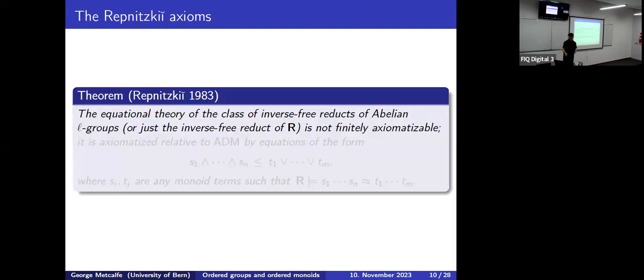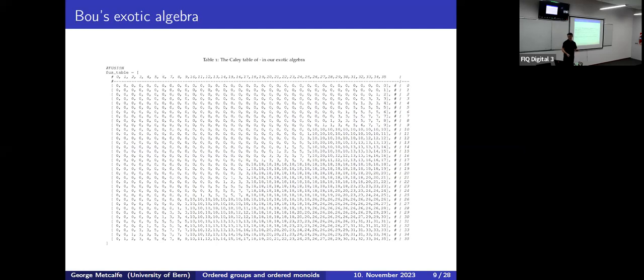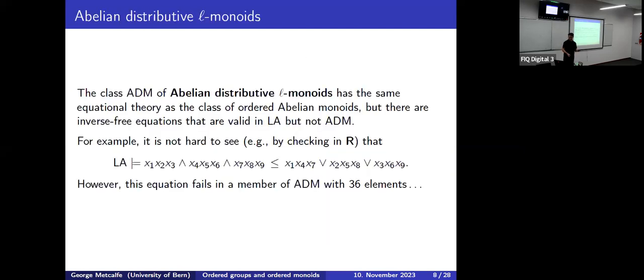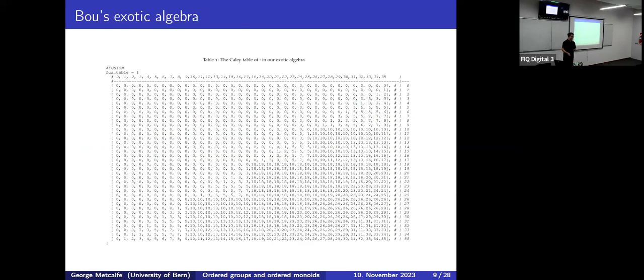This equation fails in a member of the class with 36 elements. He found this example using a computer program, I think Prover 9. This is the 36 element Cayley table for the multiplication, and he called it an exotic algebra.